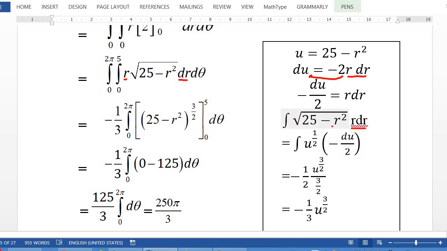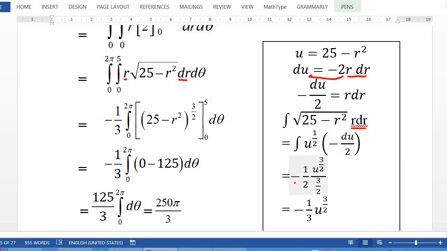Okay, remember u is 25 minus r squared. The square root is u power half. So integrate u power half. You have u power 3 over 2, since the half plus 1 is 3 over 2. For integration, the power increases by 1, then divide by the increased power. So u power 3 over 2 divided by 3 over 2.